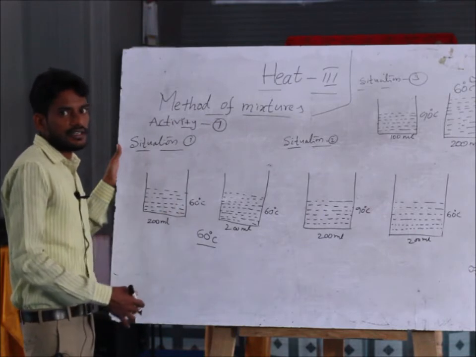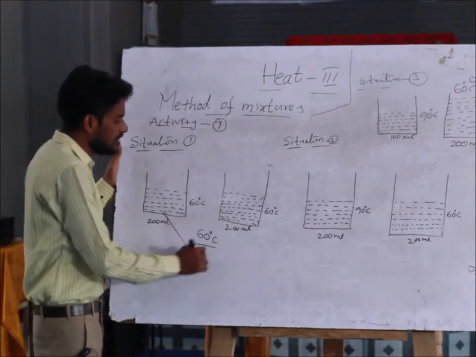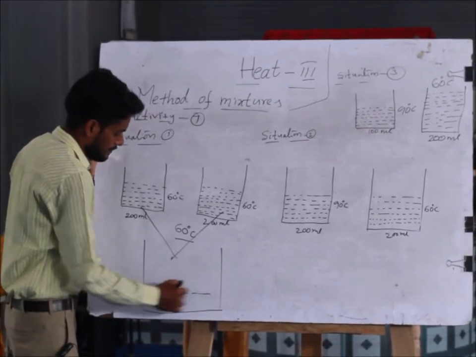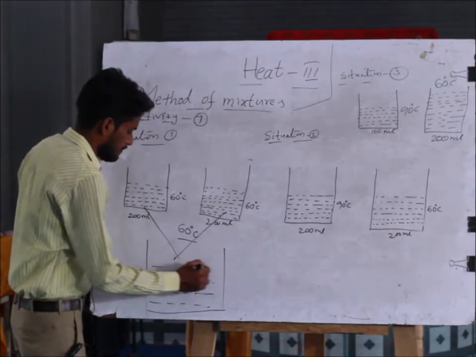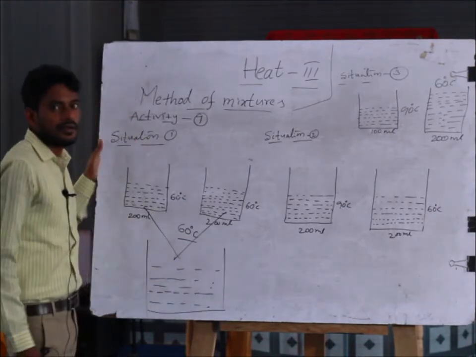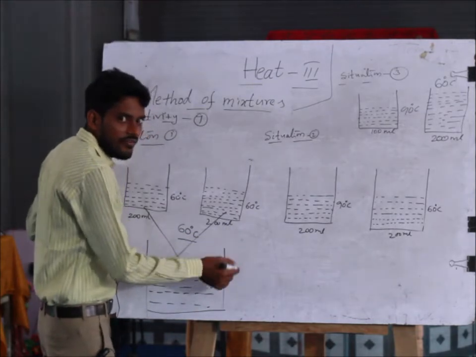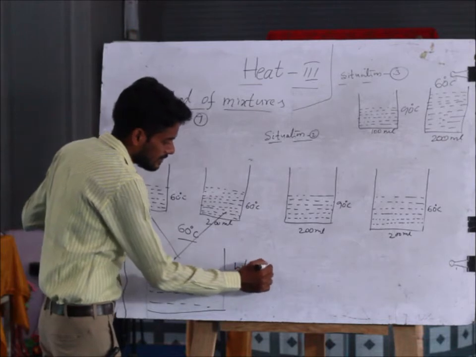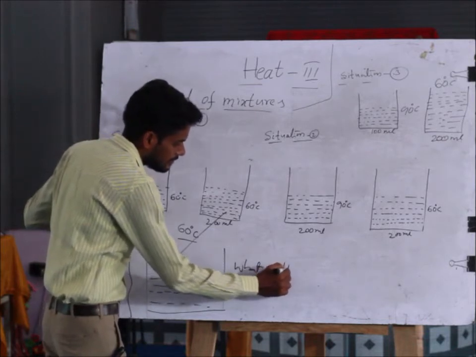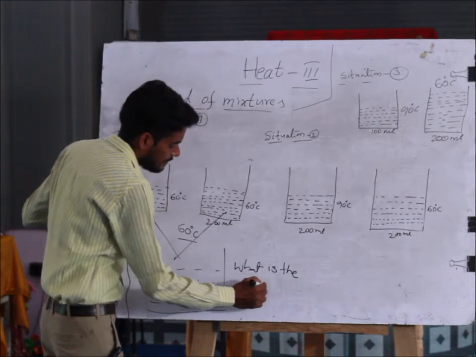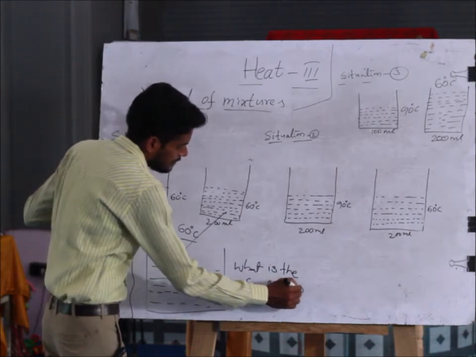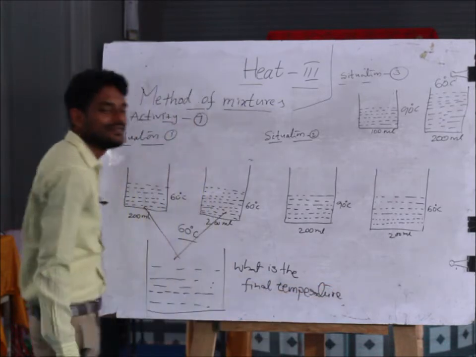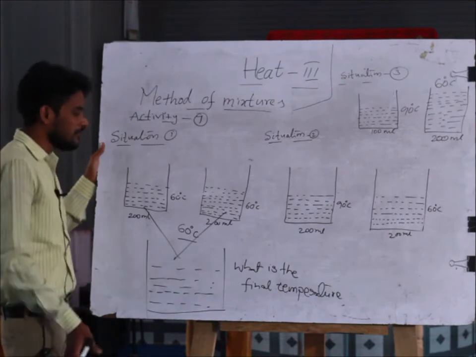After heating the water, pour these two beakers into a large beaker. What could be the final temperature? Of course, volume 400 ml.